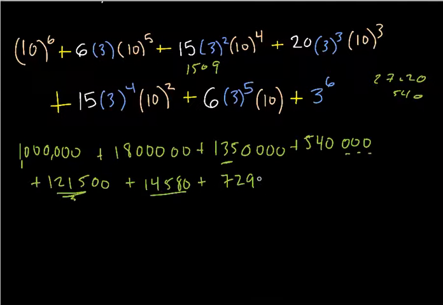So let's see what I get when I add all these up. I got 729 plus 14,580 plus 12,500 plus 540,000 plus 1,350,000, right? Is that right?